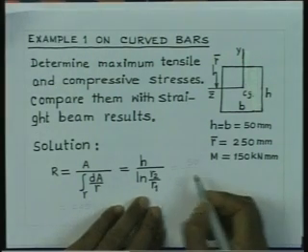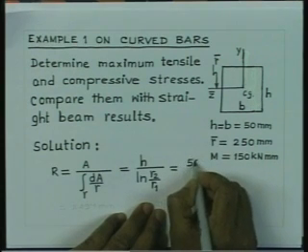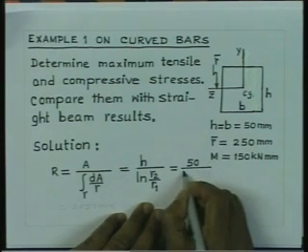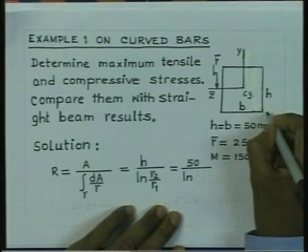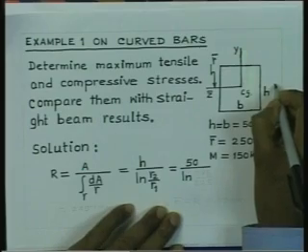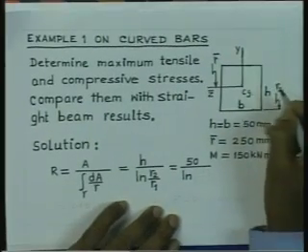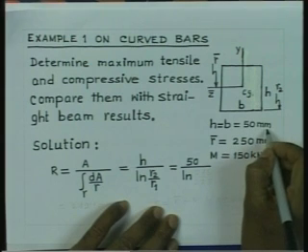Here the height of the cross section is 50 and r2 is nothing but the radius of curvature of the fiber at the bottom, and that should be equal to 250 plus half of the depth, which is 25.